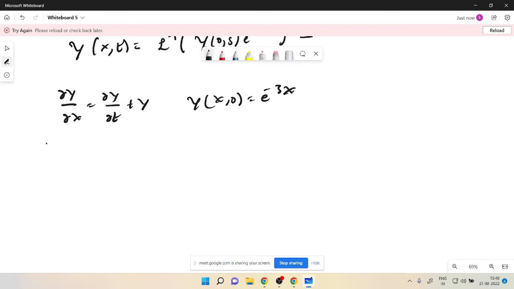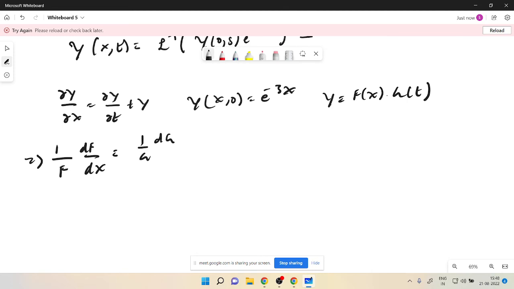So let y be f of x into g of t, which implies 1/f into df/dx should be equal to 1/g dg/dt plus 1, equals, say, c.